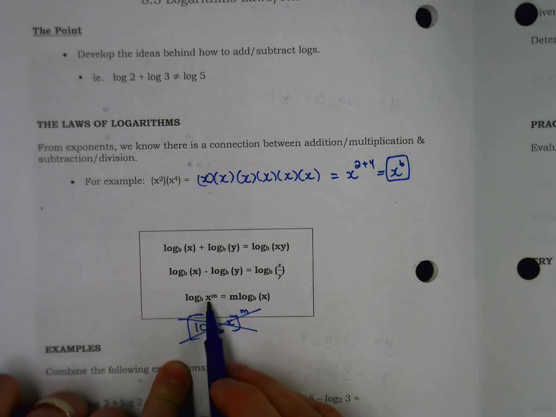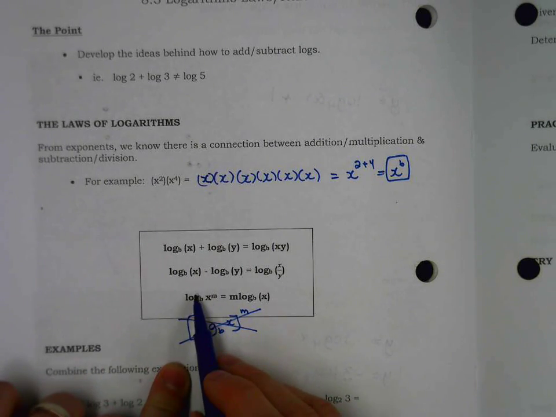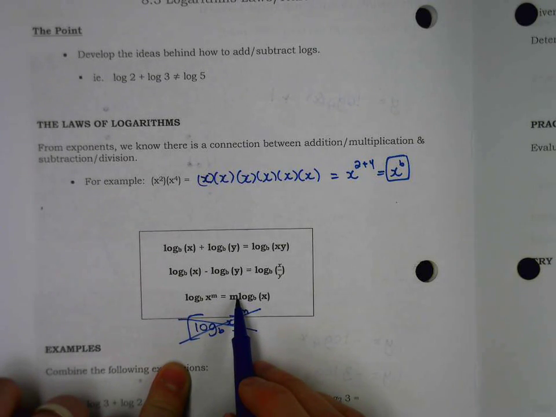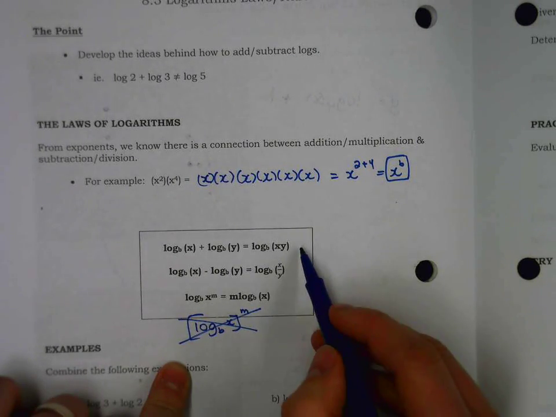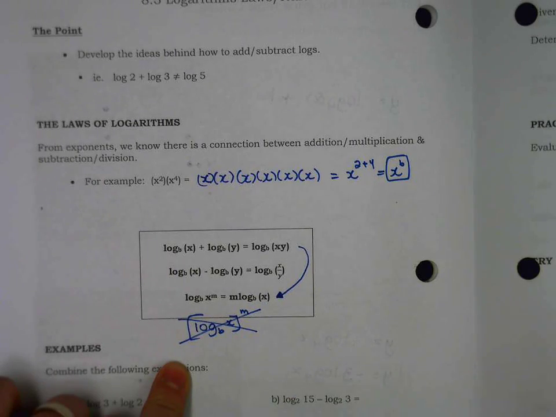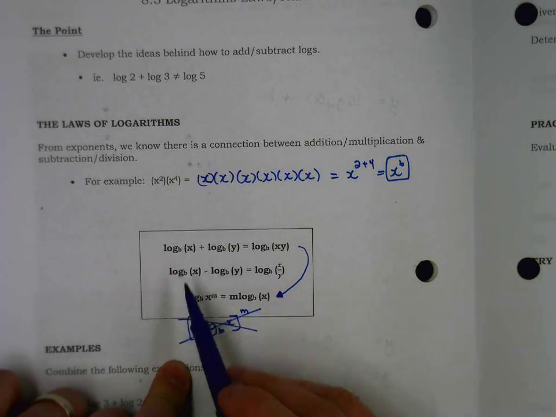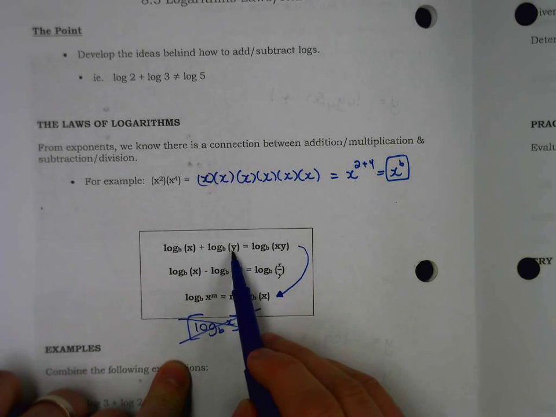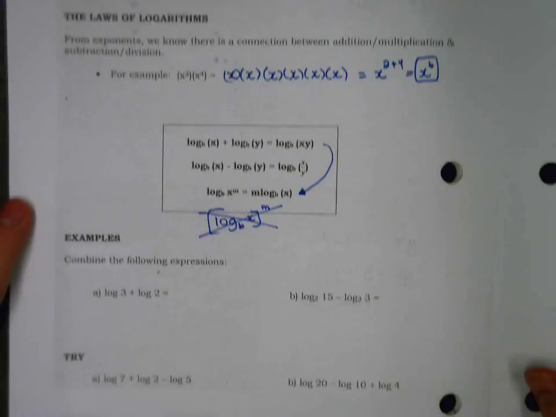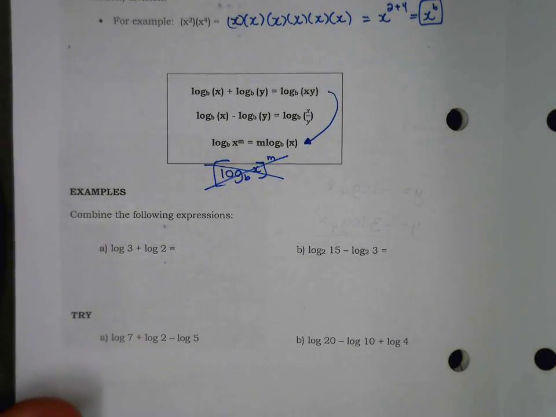We're saying that little x has an m that could actually be brought down in front as a coefficient on the log base b of x. And without proving it, that is taken directly from that very, very top example, and is simply saying if you've got the same x as the other input, this formula comes out of that. So we'll get a couple examples below and see how this works.